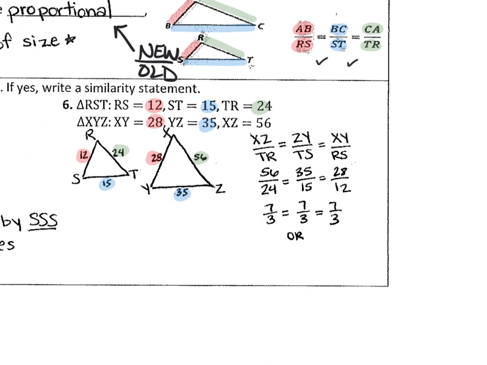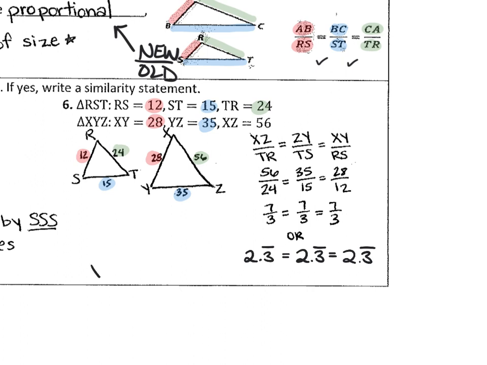If you don't like using fractions, by the way, you can go ahead and change these to decimals. These decimals would be 2.3 repeated, 2.3 repeated, and 2.3 repeated. Either way, in fraction or decimal form, do you notice that all three of these things are the same number? If they're all the same number, then we can write the following similarity statement.